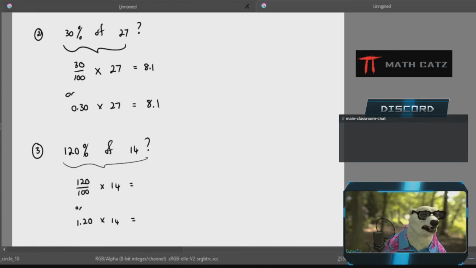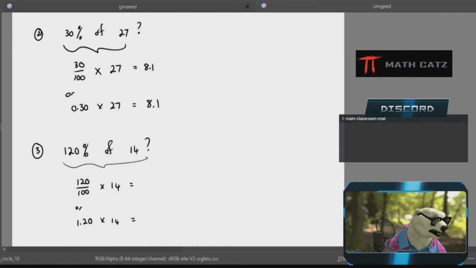So let's see what the answer is there. I can, for some reason, take 120% of a quantity, whatever the practical motivation is for that. I'm going to end up with more than what I had, because the fraction is an improper fraction, or a mixed number, if you will. It's more than 1.